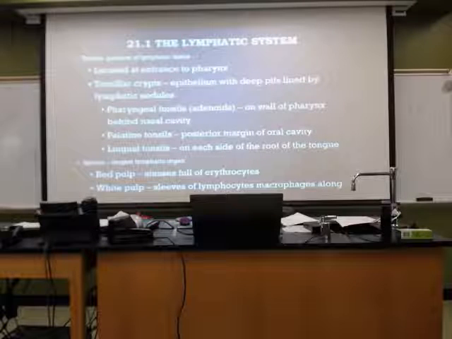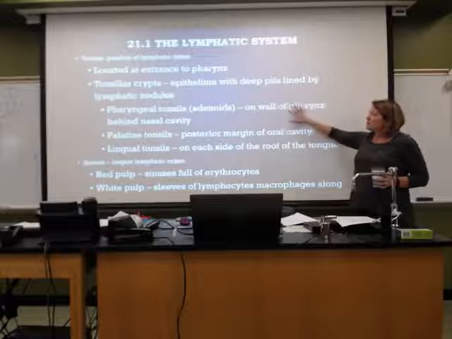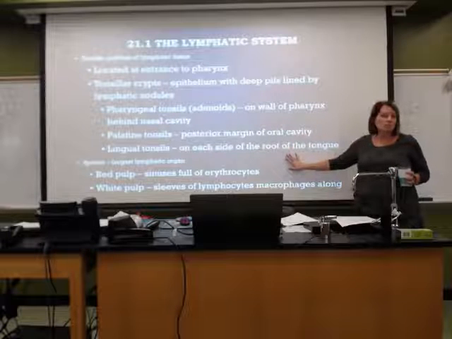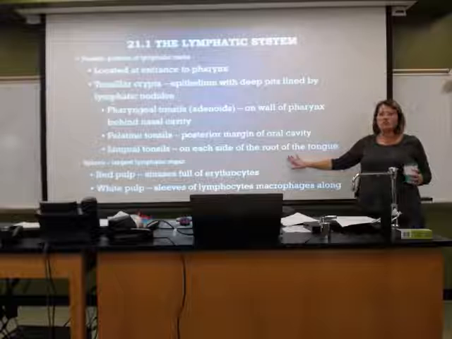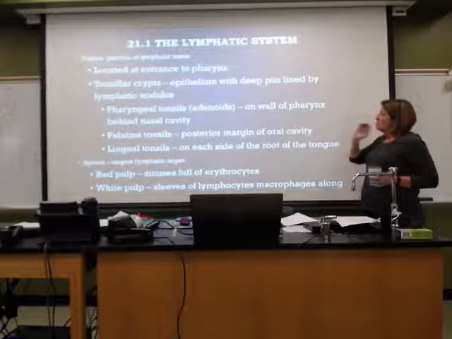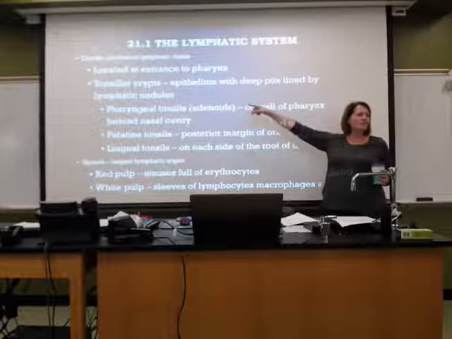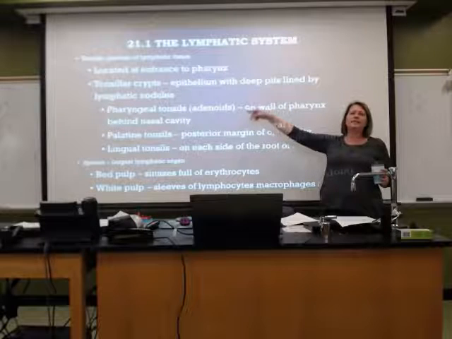So, having the tonsils, okay, pharyngeal, palatine, lingual. Did y'all know we had so many? Basically, they have crypts. I love how they labeled them crypts. Makes me think about death.